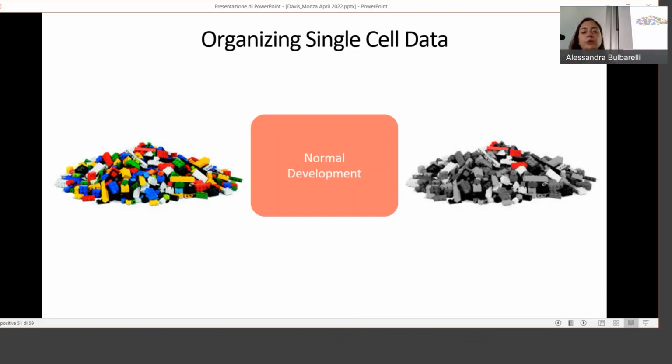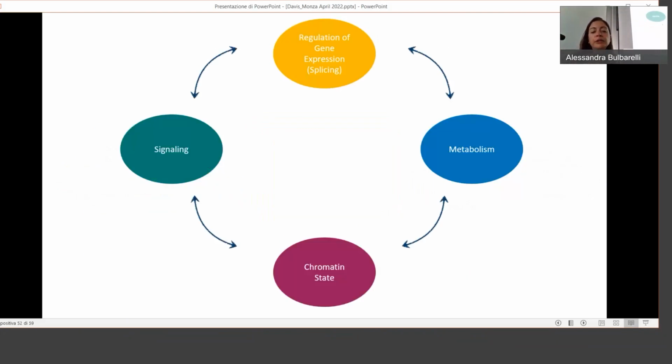So I hope that I've been able to show you that using normal cellular development is a great way to organize really messy single cell data in cancer. And what's been really exciting for me scientifically in the last few years, and how these different stories are coming together, specifically in ALL, is that we're starting to see these pathways that play together developmentally across these developmental stages, with the relationship between signaling, regulation of gene expression, possibly by splicing and regulation of different splicing, cellular metabolism, and chromatin state, all as important components biologically in normal development, but of course can be corrupted in the cancerous state.